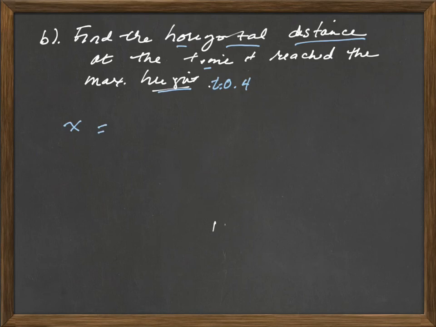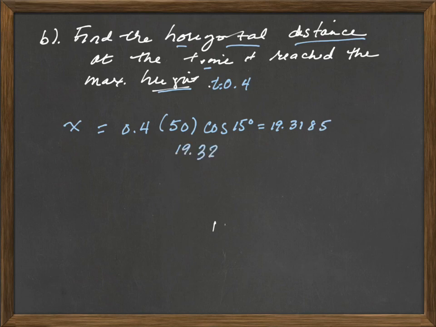X equals 0.4 times the original velocity, that was 50 feet per second, times the cosine of 15 degrees. So if you put that into your calculator, you get 19.3185. So if we're going to round that, we'll say 19.32 feet.